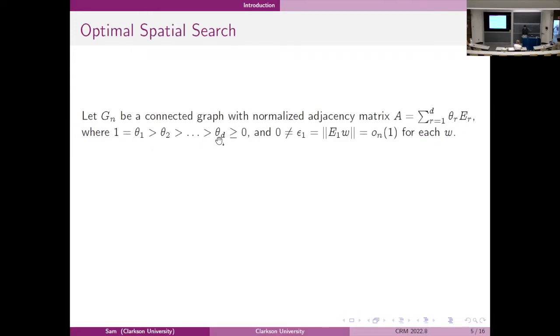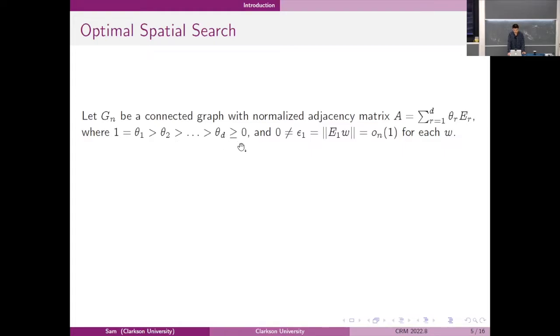So this can be done. And we immediately have this spatial decomposition: A equals the sum of theta r times Er, where Er is the eigenprojector and theta r is the eigenvalue. Like I said, they are ordered in decreasing order, and they're all discrete.